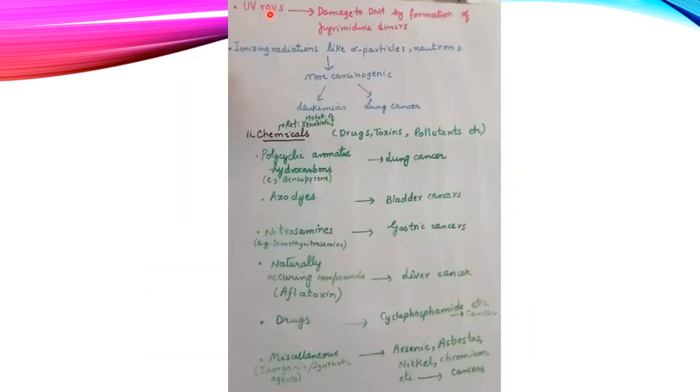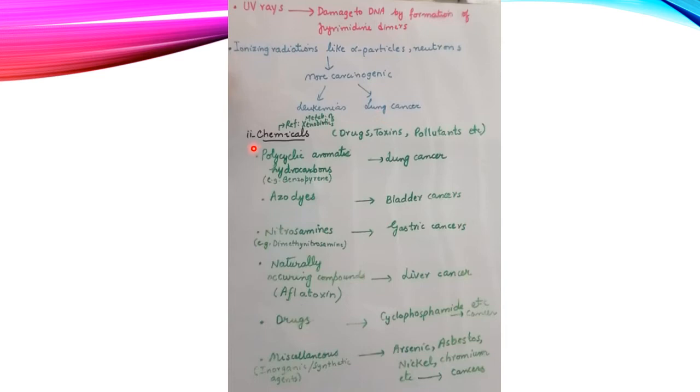UV rays are mostly associated with pyrimidine dimer formation, as a result of which DNA becomes damaged. Similarly, ionizing radiations like alpha particles and neutrons are also extremely carcinogenic and may be involved in the pathogenesis of leukemias and even lung cancer.